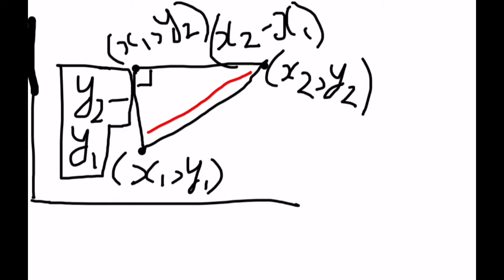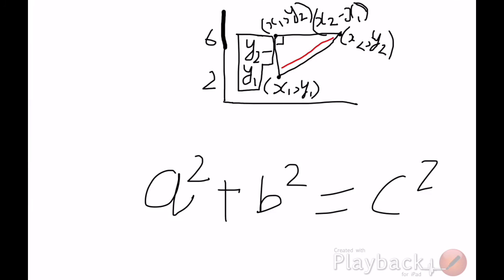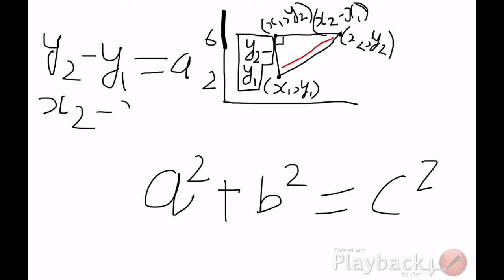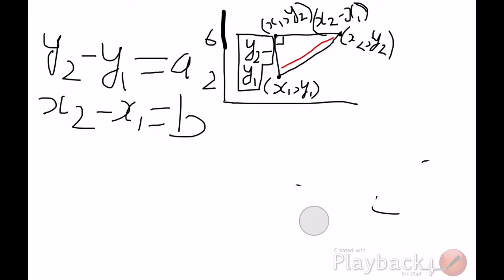Let's think: y2 minus y1 is A, and x2 minus x1 is B. If we apply those in the formula A square plus B square equals C square, what we need to find is C, which is the displacement.